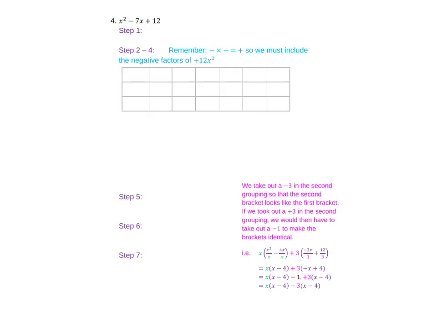The next question, question 4. The difference from the first 4 examples we've done is now we have a negative middle term. So what did we say? If it's a negative middle term, then the factors in the table would just have to be negative and negative.